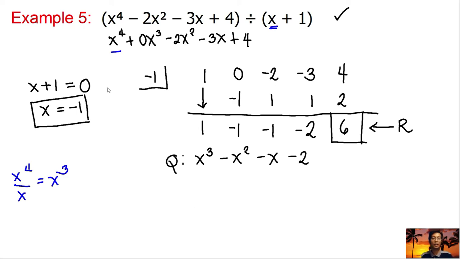Sulat na natin siya sa tamang format. So, dividend natin is x to the fourth power minus 2x squared minus 3x plus 4.